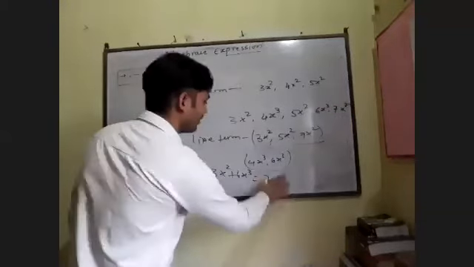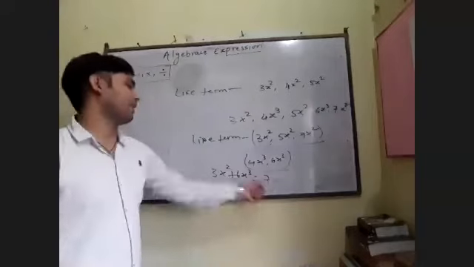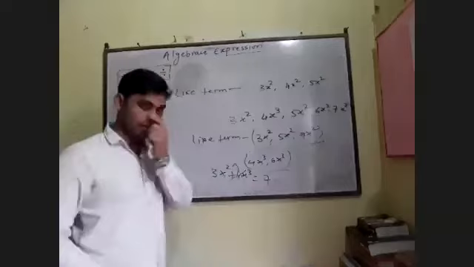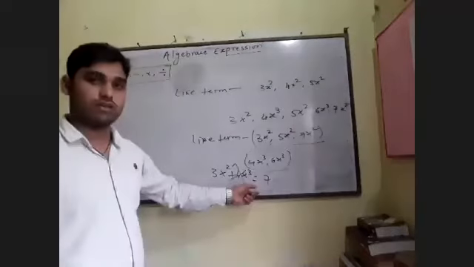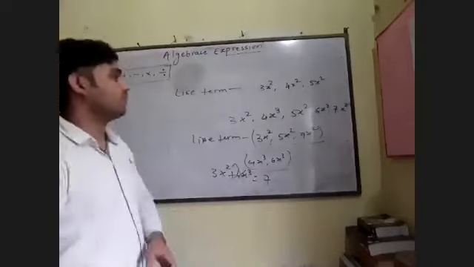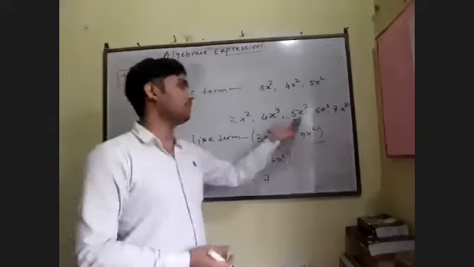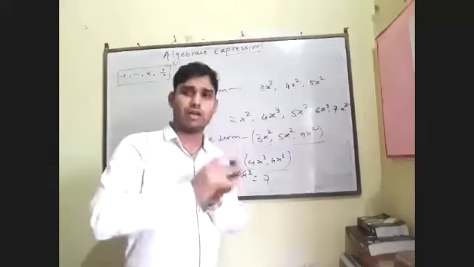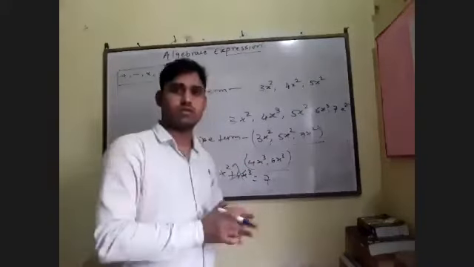But then what power will we write? So it is not the right way, it is a wrong way to do the solution. Understood? First of all, we have to arrange the like terms together. Then we either add or subtract the algebraic expressions. Let's see.